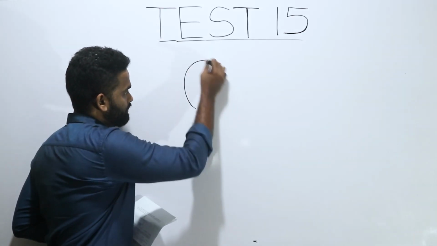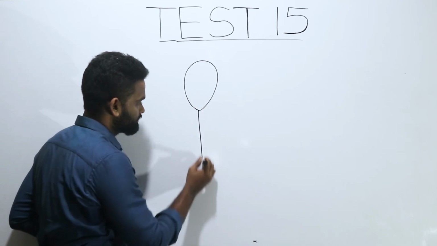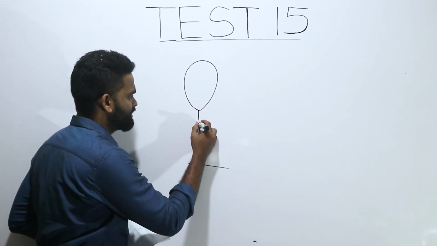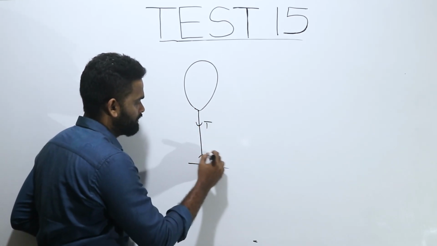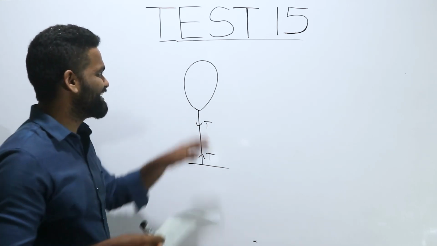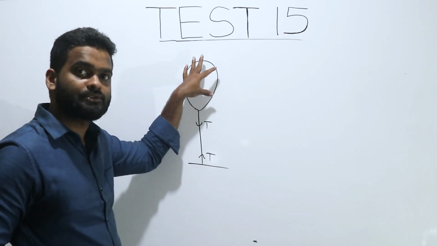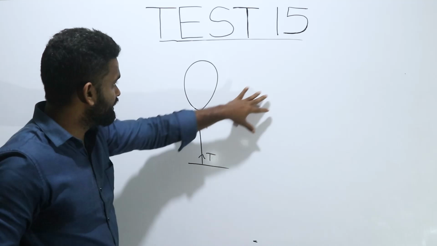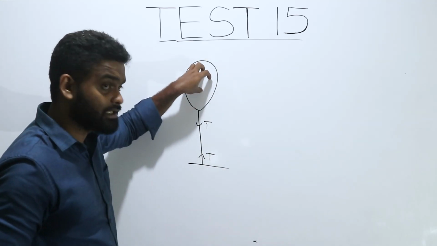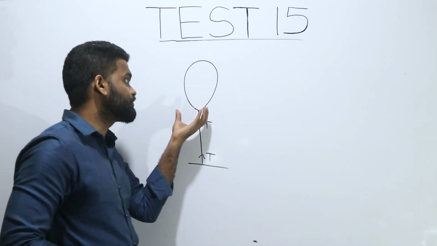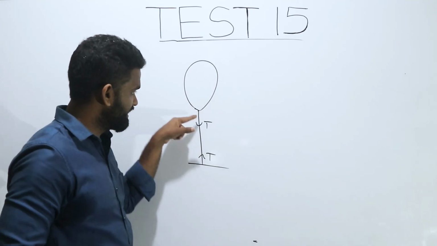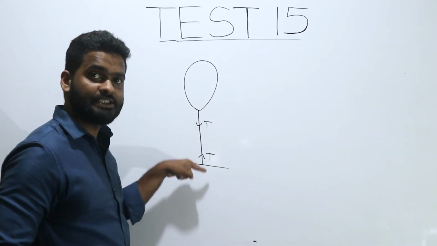Okay, so we have this balloon, and this is the string. Since the density of hydrogen is less than air, the balloon is trying to go up, but it is balanced by this string.